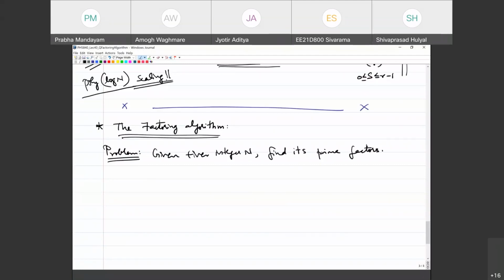This will typically be of this form, p1 to the alpha 1, p2 to the alpha 2, etc., pm to the alpha m. So there could be m prime factors, p1, p2, etc., pm, and they could all occur with powers alpha 1, alpha 2, etc.